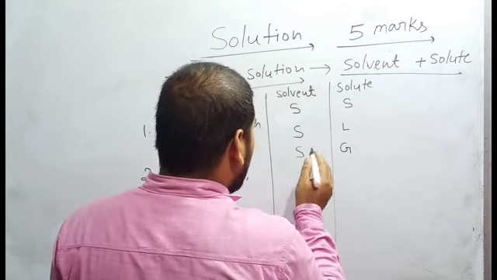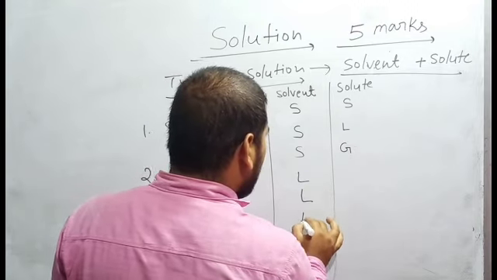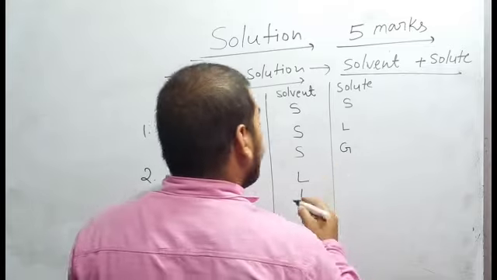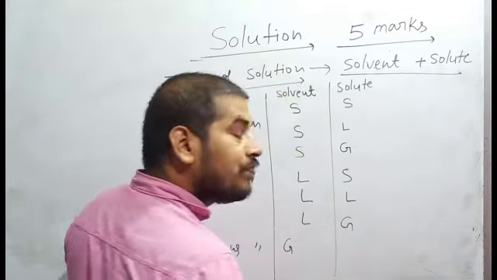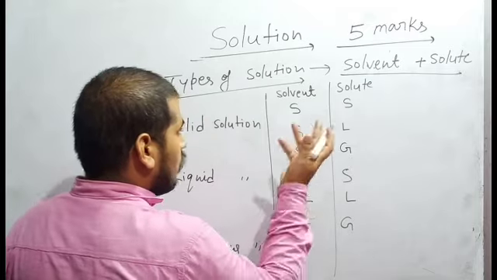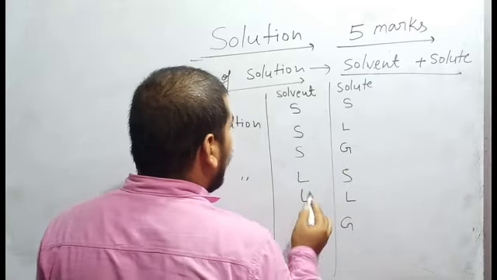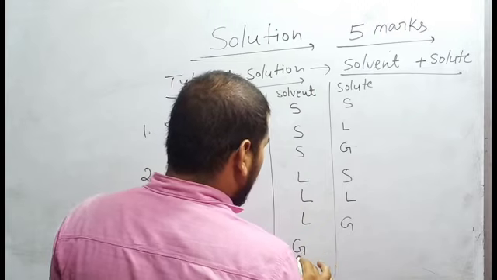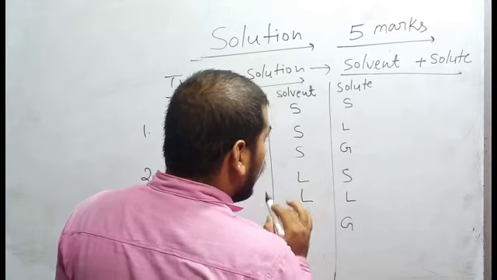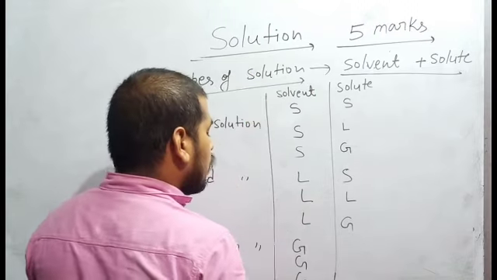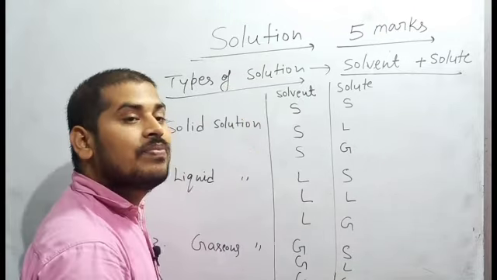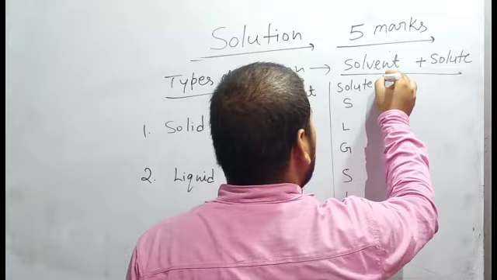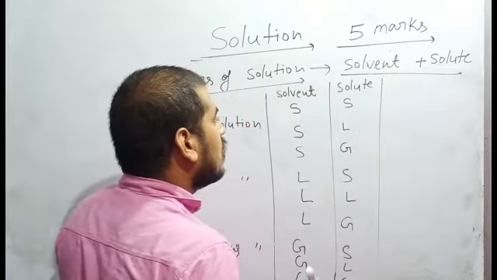Same way, the phase of solvent is liquid and the phase of solute is solid or liquid or gas. The same way, the phase of solvent is gaseous and the phase of solute is solid or liquid or gas. So let's take an example of each.